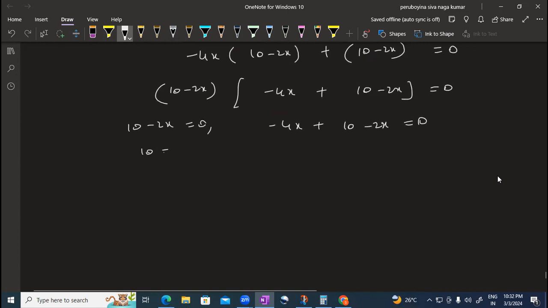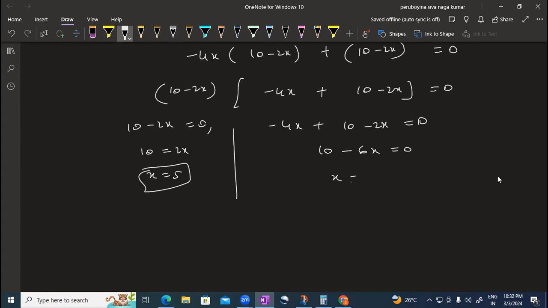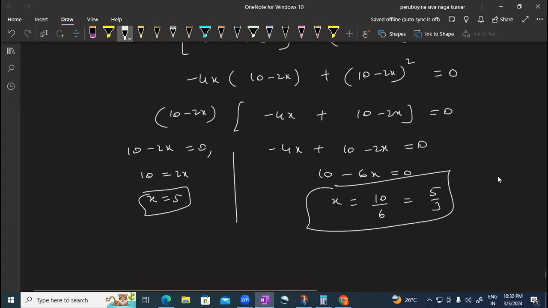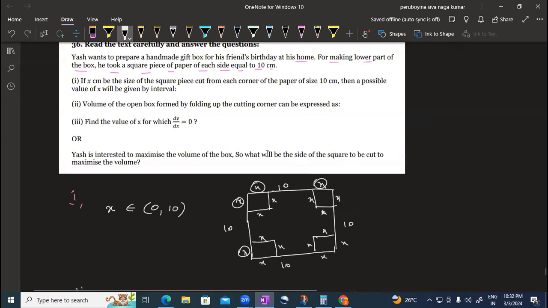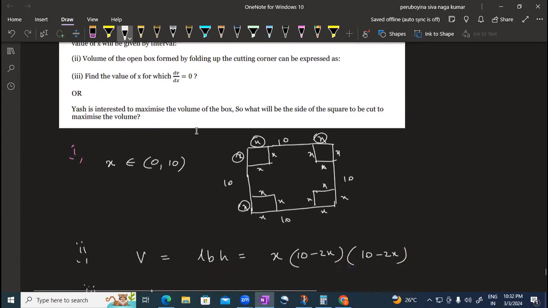From this, 10 is equal to 2x, that means x is equal to 5. And this is 10 minus 6x is equal to 0, and x is equal to 10 out of 6, which means 5 by 3. So these are the values for which the derivative of volume is 0.